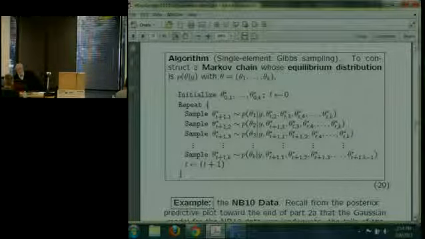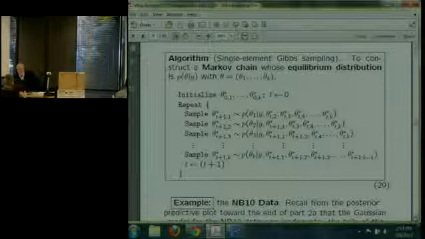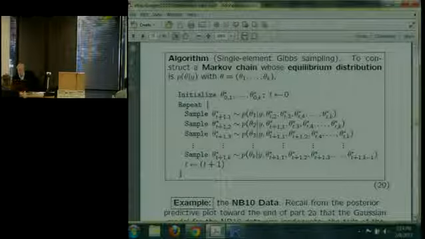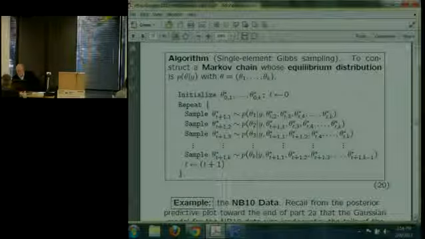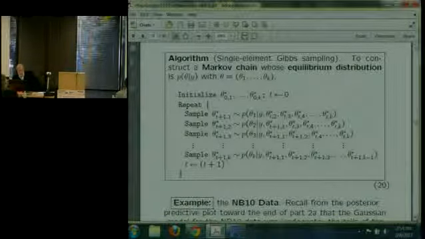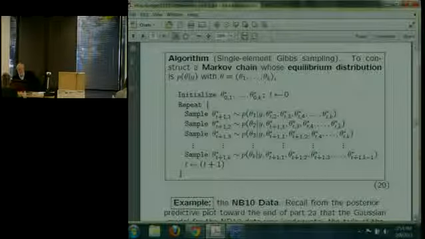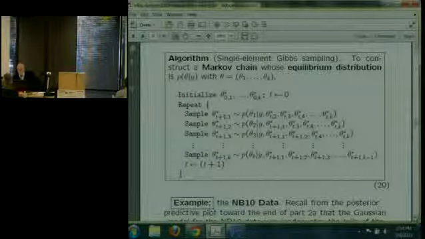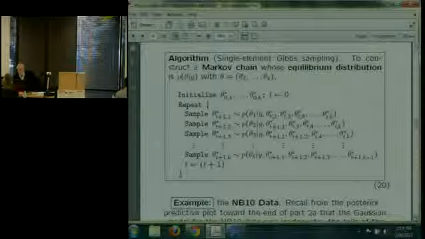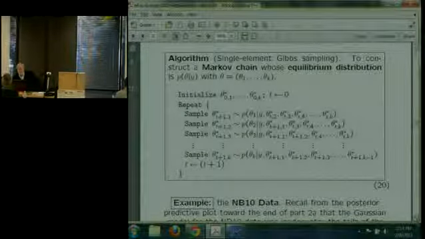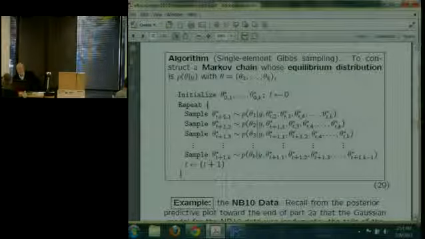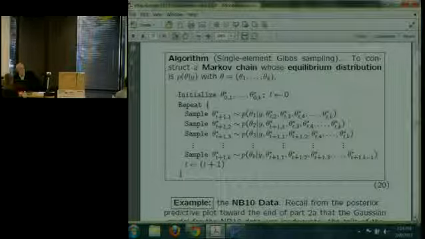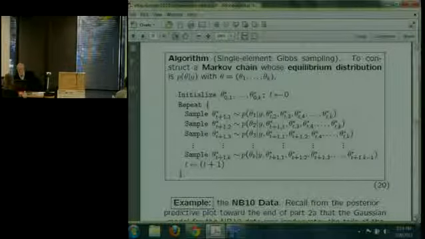First you sample from the full conditional for theta 1, using all the values for the other variables that you got from the previous row, and that gives you a new theta star for 1, whose element is now theta star t plus 1, or now 2. Then in the second row, you use the most recent value for the theta 1 column, and then all the old ones, and then you keep doing just what I said. Always use the most recent values, and out comes the Gibbs sampler.